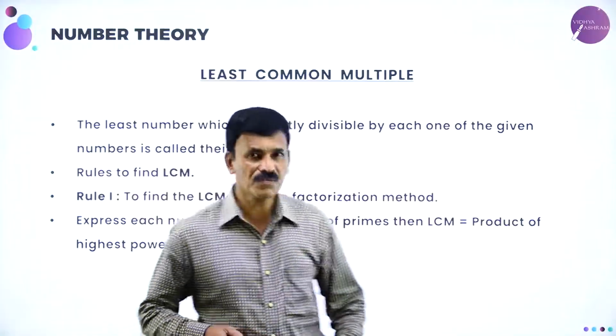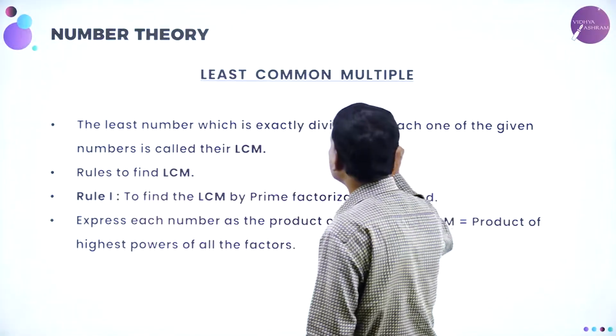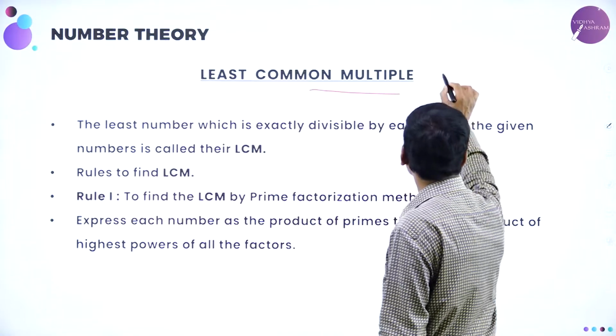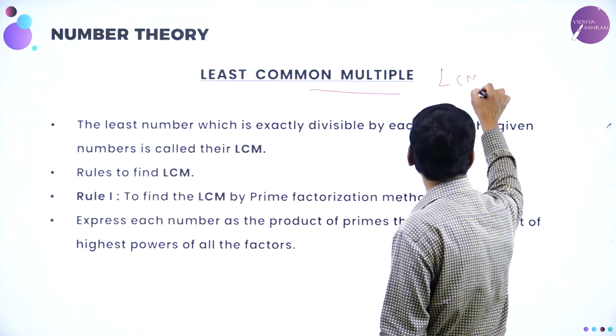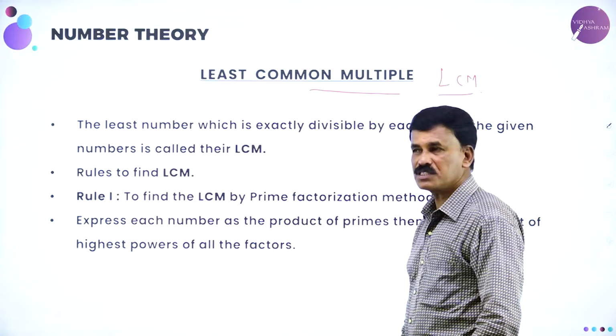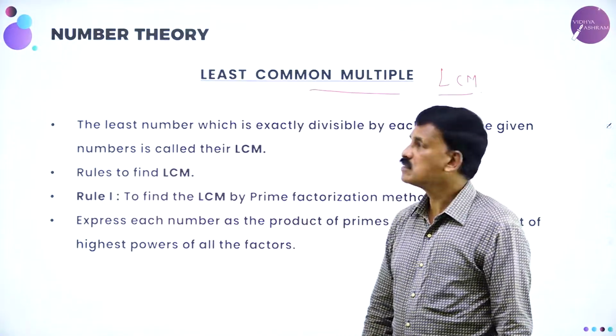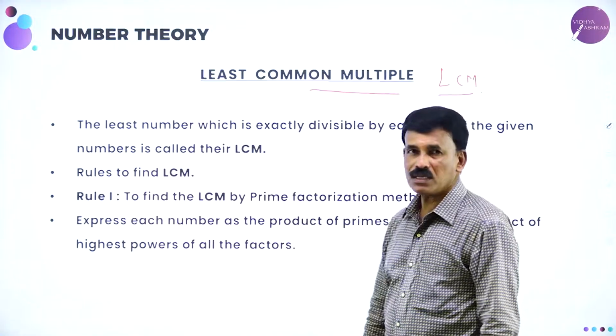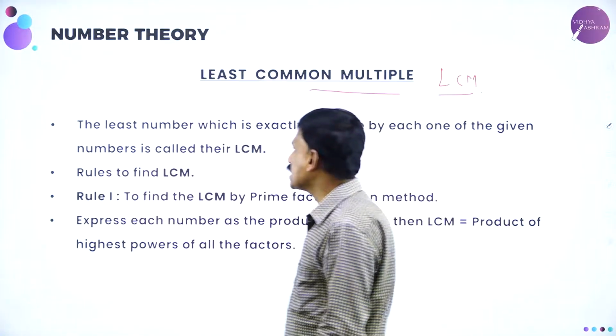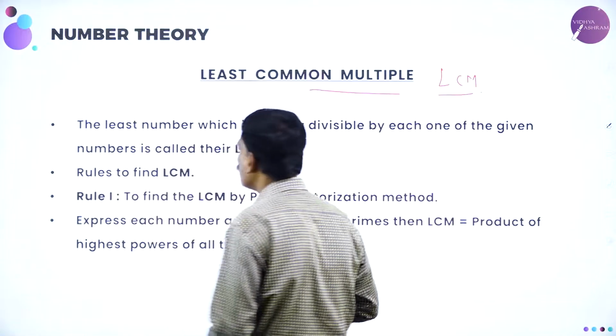Now let us come to the first concept, LCM, that is least common multiple. You might have studied this concept in your previous classes itself. How to find the least common multiple?